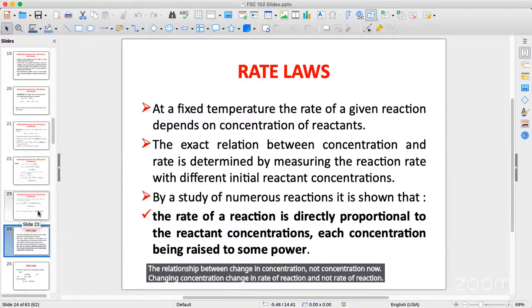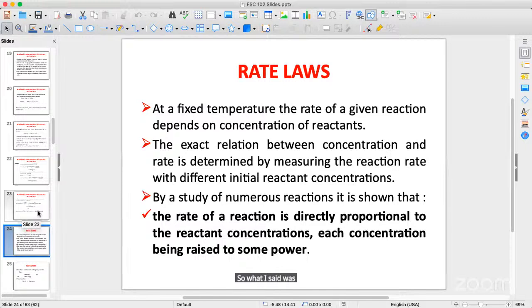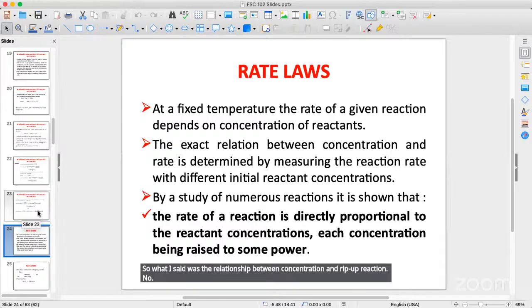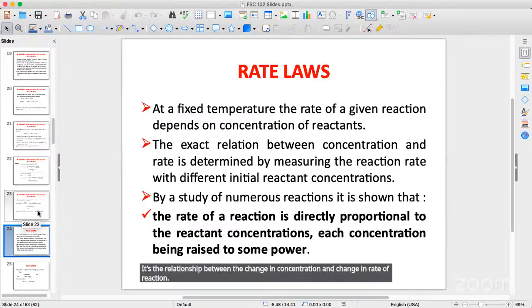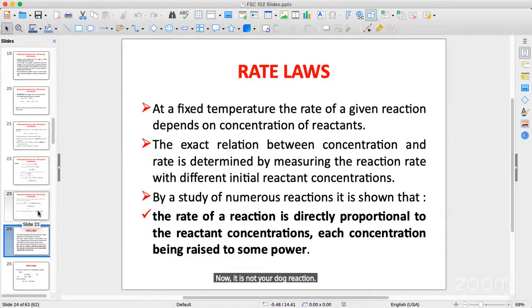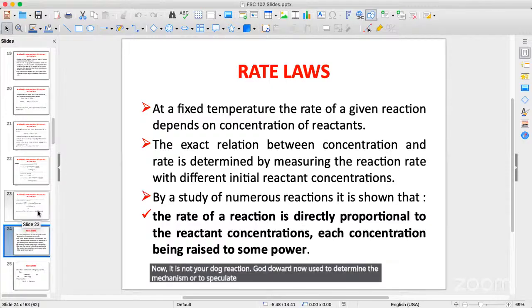It is the order of reaction that we will then use to determine the mechanism, or to speculate on the mechanism of reaction.